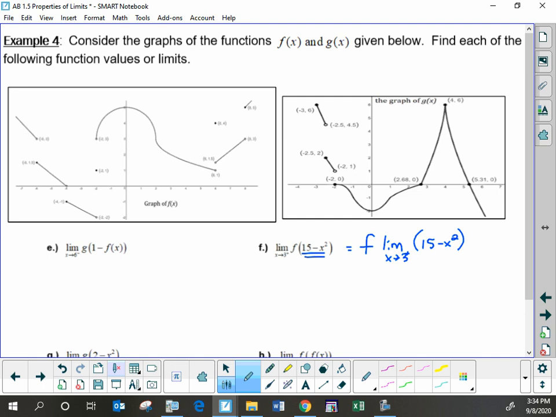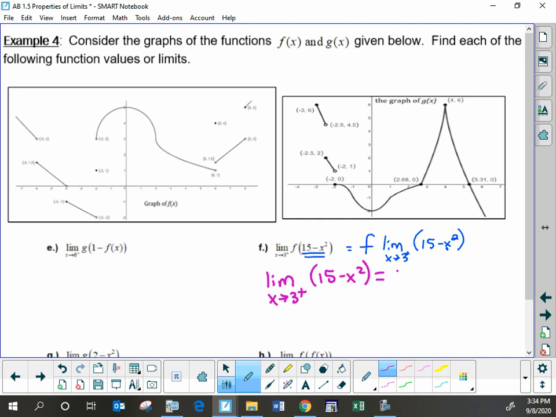So if I put in 3 plus, I would have, okay, trying to figure out how to write this most clearly for you. Let's just look at that inner piece. Let's focus on 15 minus x squared.